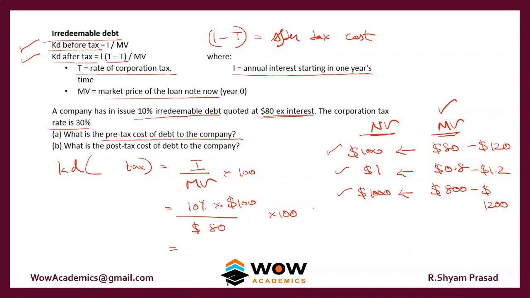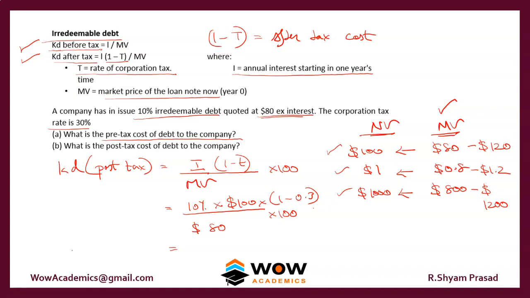In post-tax, we take the tax benefit into account. So the formula works like this: I into 1 minus T, the entire thing into 100. In this formula, T is 30%, so we'll take it as 0.3.